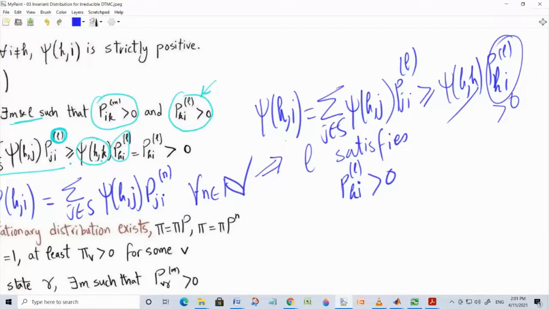And if you normalize, if you divide psi ki by mu kk, then basically you still have positive numbers. So those guys are strictly positive.